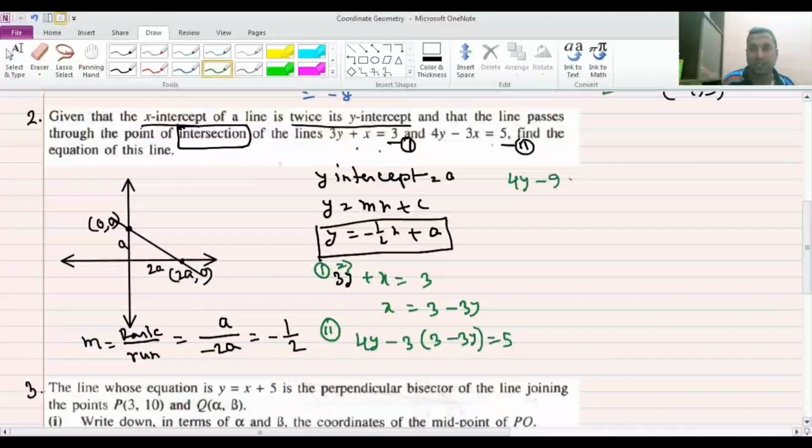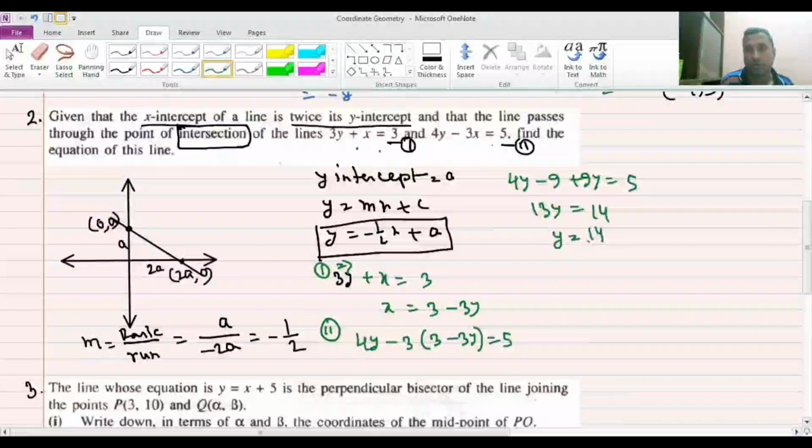4y minus 9 plus 9y equals 5. Now it will be 13y equals 9 plus 5, which is 14. So y equals 14 by 13.